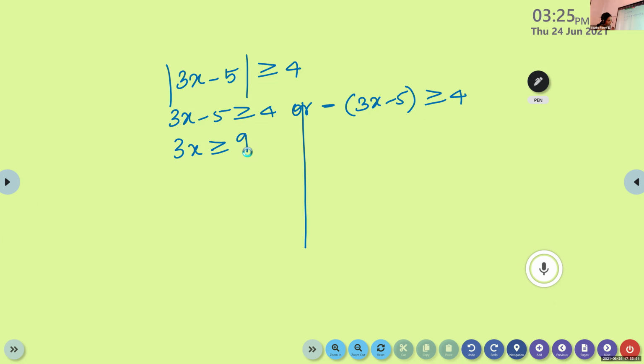Minus 5, taking to the other side, it will become plus 5, transposing. So we'll get x is greater than or equal to 3.